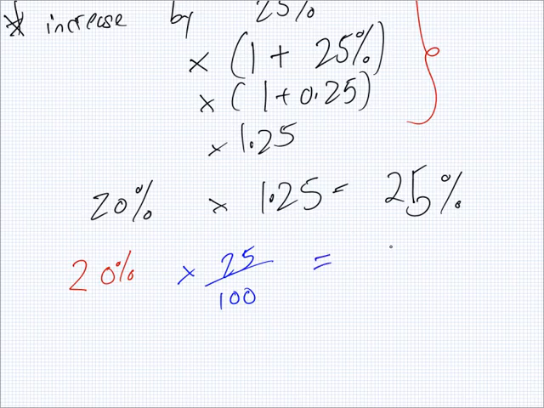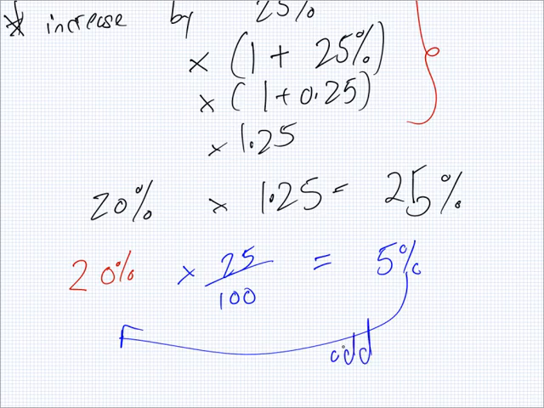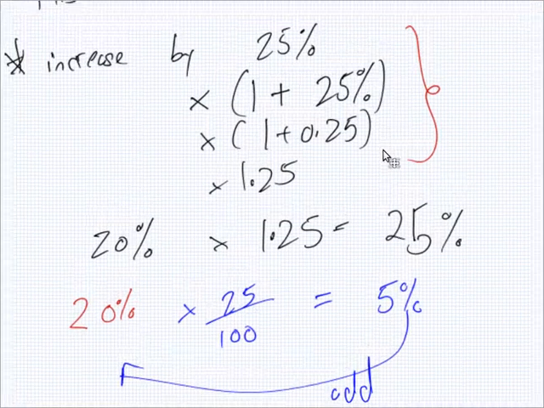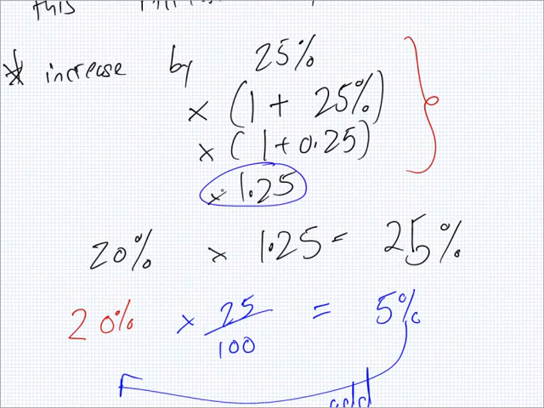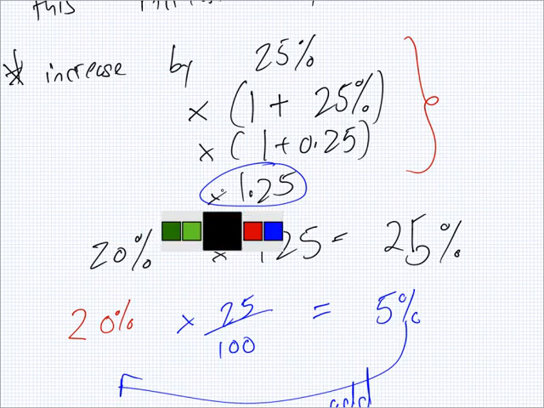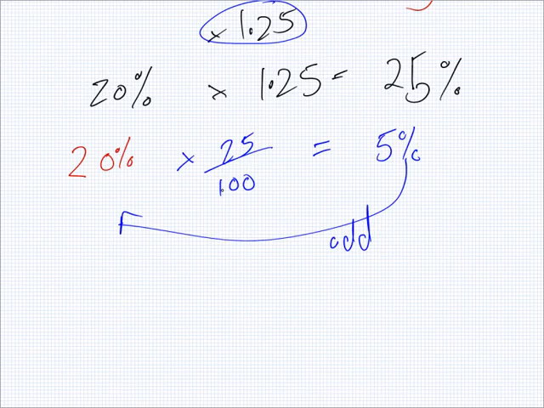What does that equal? 5%, and then you add it on to make 25. That's fine too, okay? But for the next lesson, it's actually easier if you try to think about it as a multiplication by a number. Okay. So let's see. Let's give you one a little bit more difficult.